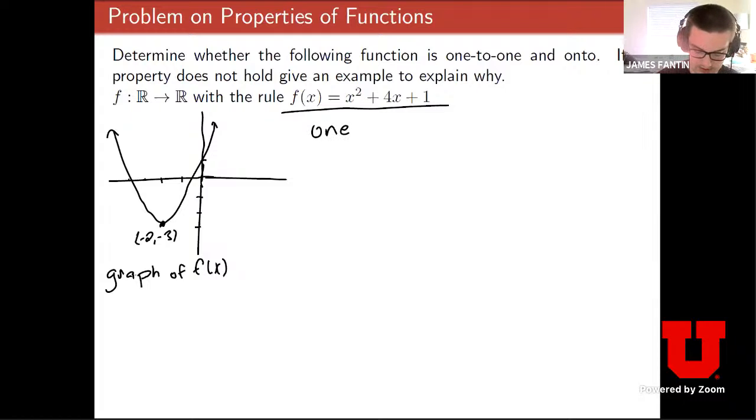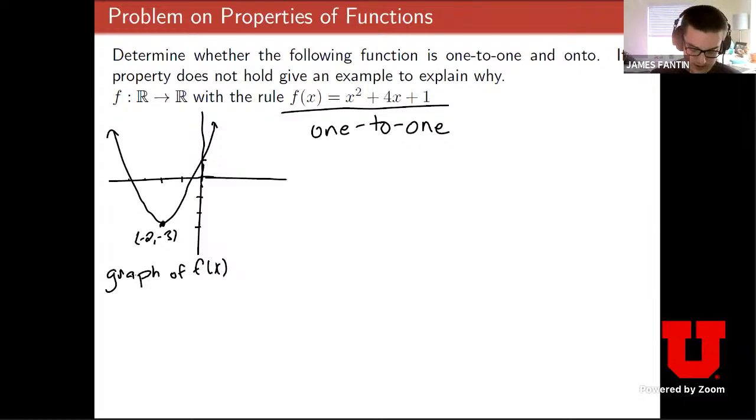Do you think this function is one-to-one or not?